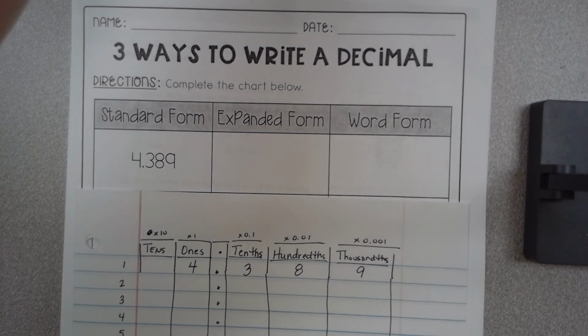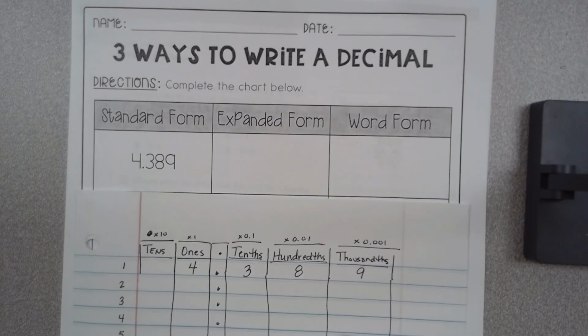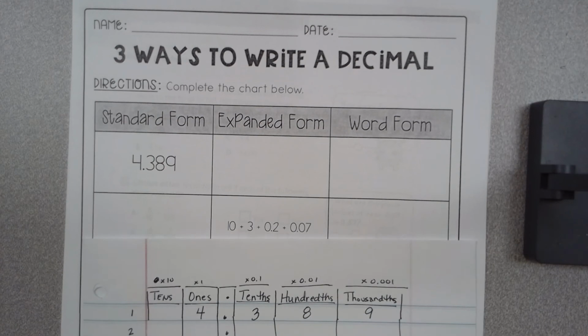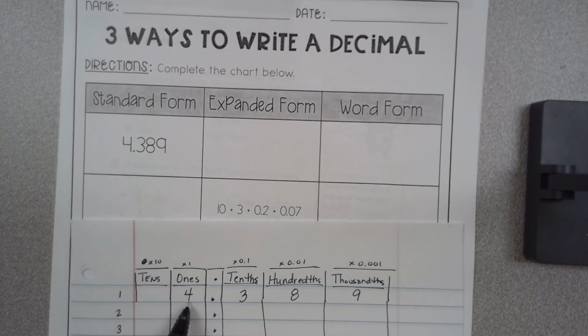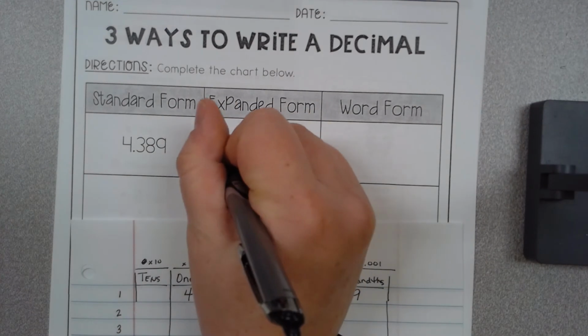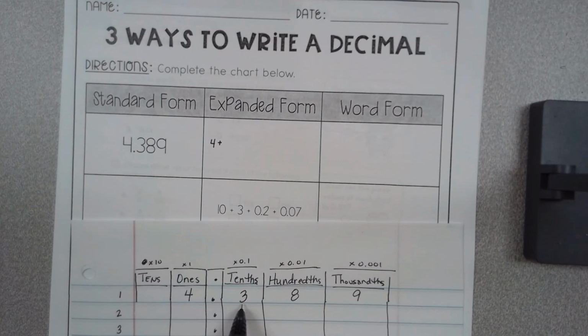So the expanded form that you have to do is the simple expanded form. So right there, they're just writing out the number values. Okay, the value of the 4 is 4 because it's in the ones place. So that'll be 4 plus, okay, the value of the 3.